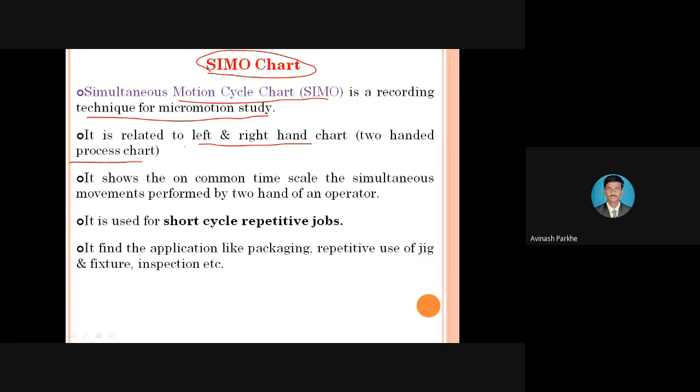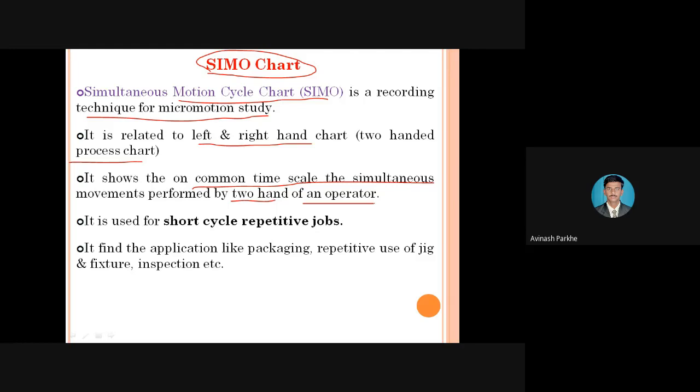That means whatever small movements are taking place by the left hand are recorded, and whatever small movements are taking place by the right hand are also recorded. It also shows the common time cycle, the simultaneous movements performed by the two hands of an operator.